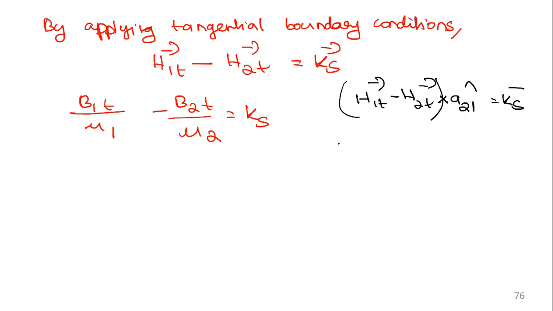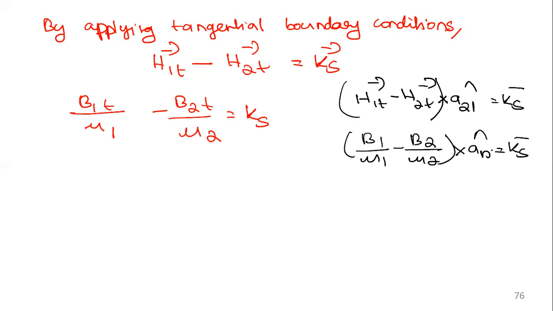That doesn't change the meaning. So we can also write B1 by mu1 minus B2 by mu2 cross product with the unit vector is equal to Ks.